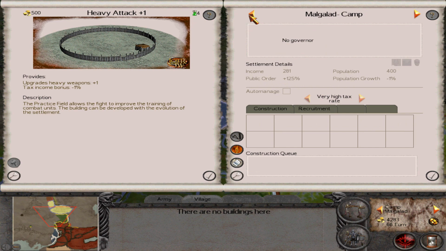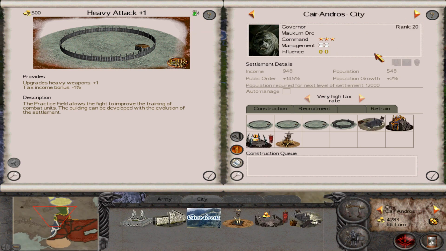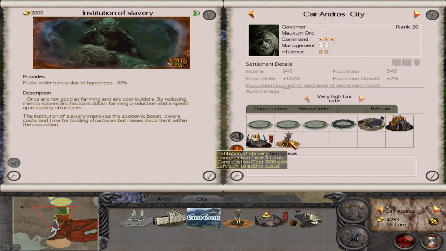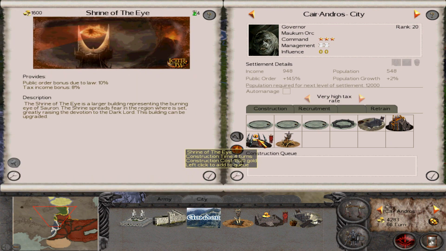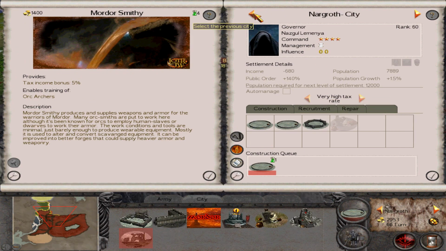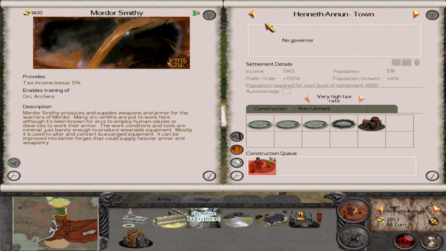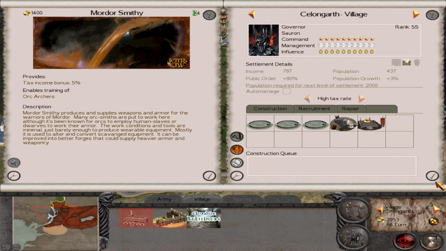We are under siege. Andros, we can get some stuff. Let's go for the Mordor smithy, we can get orc archers there. Okay, we're done.